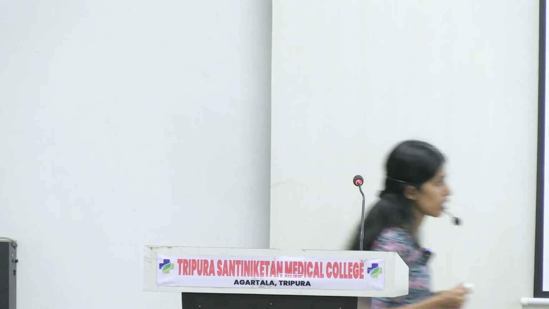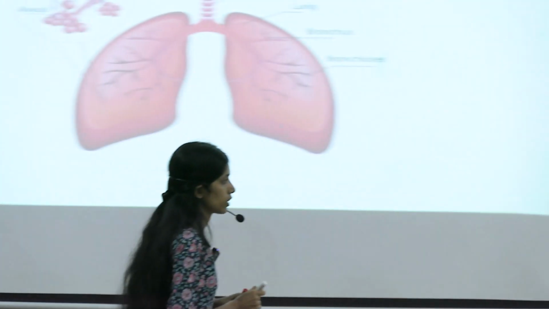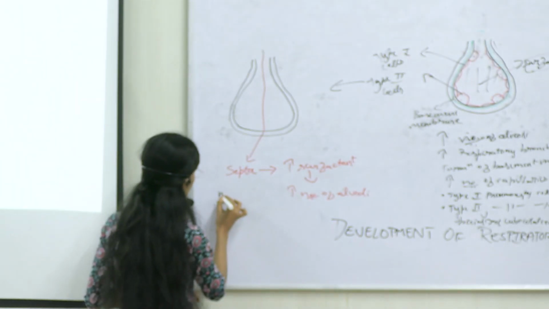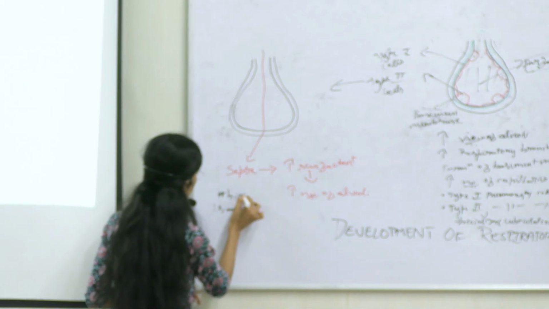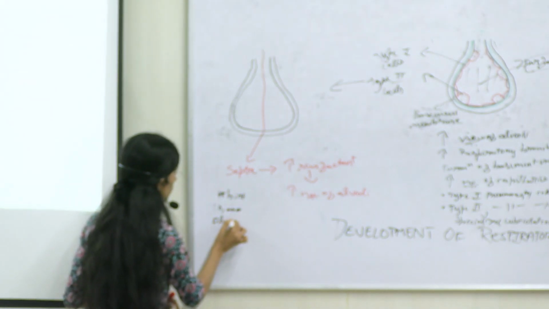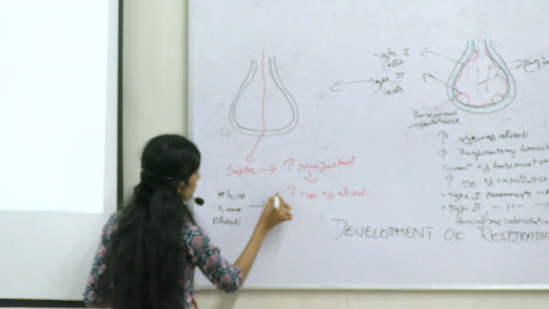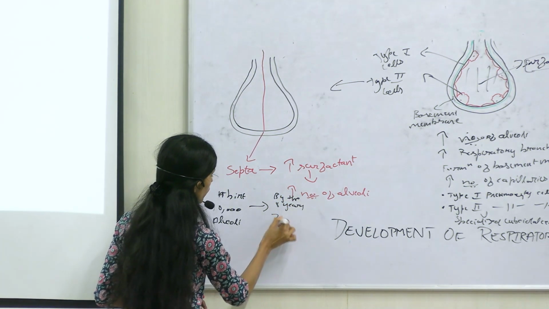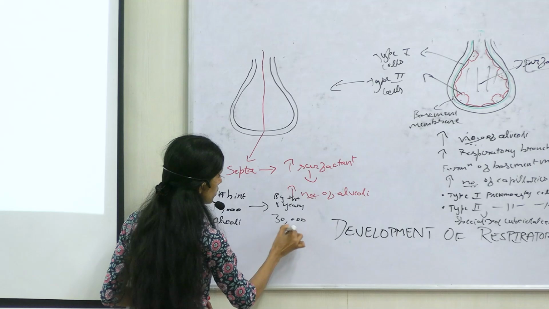If I say, for example, at the time of birth there are 10,000 alveoli. By the time it completes at 8 years, it is going to be 30,000 alveoli.